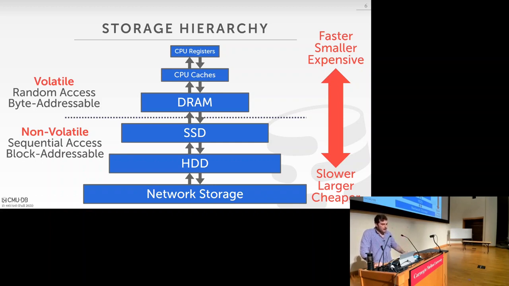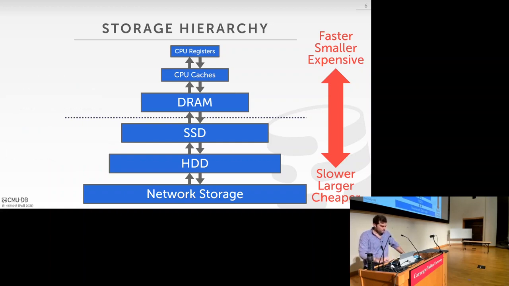On the other side of the line is non-volatile storage, which is typically block addressable, so you can't necessarily access an individual byte. You get rather a block of data, a range of bytes. But the benefit is that if the power goes out, all your data is safe. So power can go away fully, you plug it back in, and all the data is there.